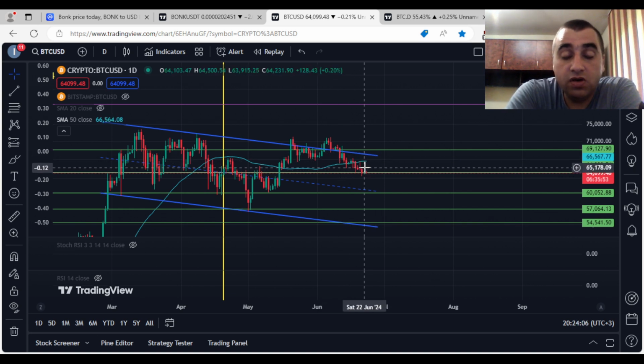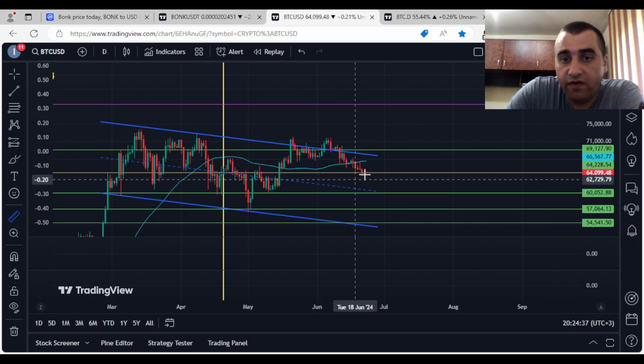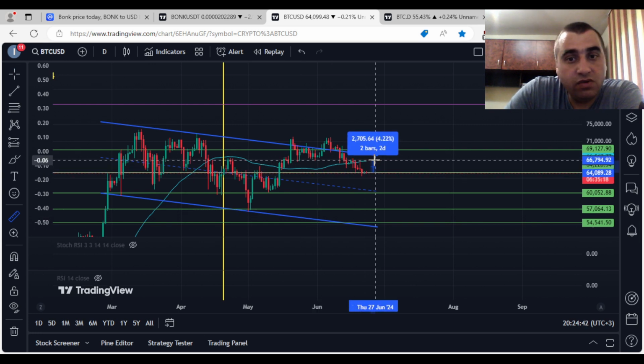Because if you look at the chart at the end of 2020 and in the first half of 2021, the price or the candle stood above the 50 daily simple moving average. So right now we are slightly below this level. It is not such a big deal. It is not such a big fall. An increase to the 50 daily SMA would be something around 4%.